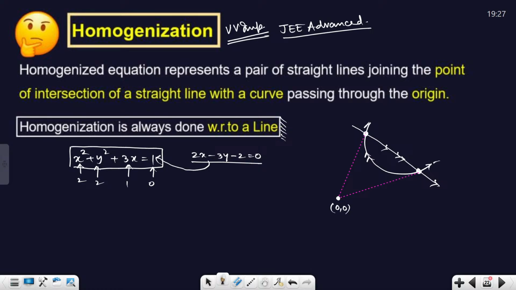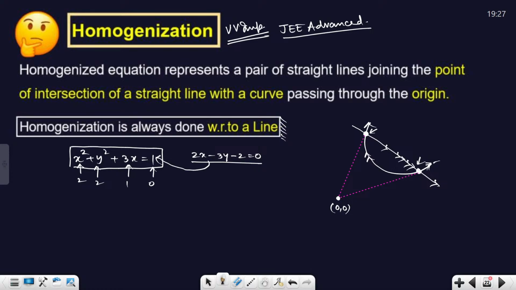If we homogenize this curve with the help of this line, it means that we are finding the pair of lines passing through the points of intersection of this line and this curve, and passing through the origin, obviously, because now the equation becomes a homogeneous equation of degree 2. So it represents a pair of lines passing through the origin, but these lines will definitely pass through these 2 points of intersection of the line and the curve.